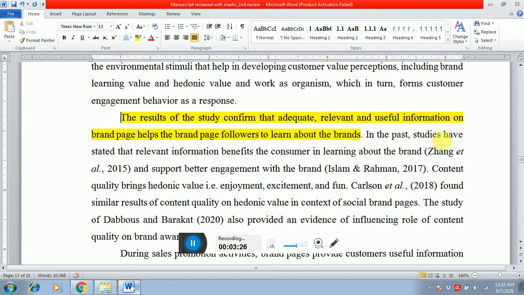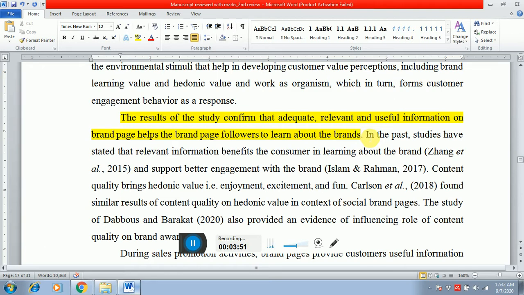In the past, studies have stated that relevant information benefits customers in learning about the brand. Now, this result you get from the PLSM analysis or from the bootstrapping analysis. Now what you have to do is compare your results with the past studies.